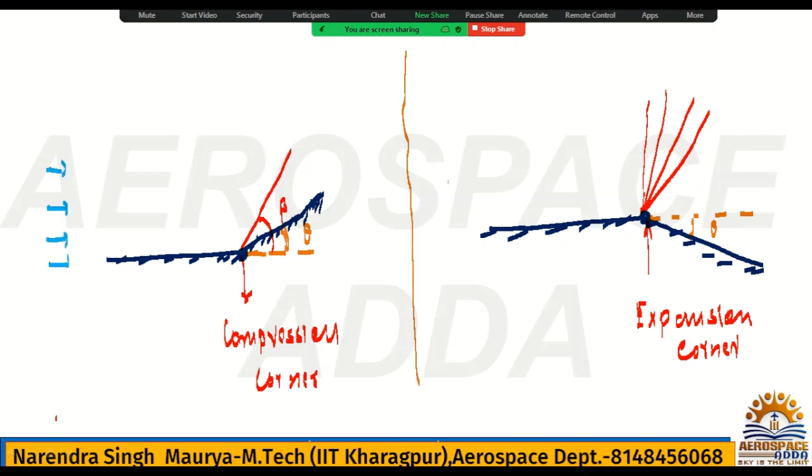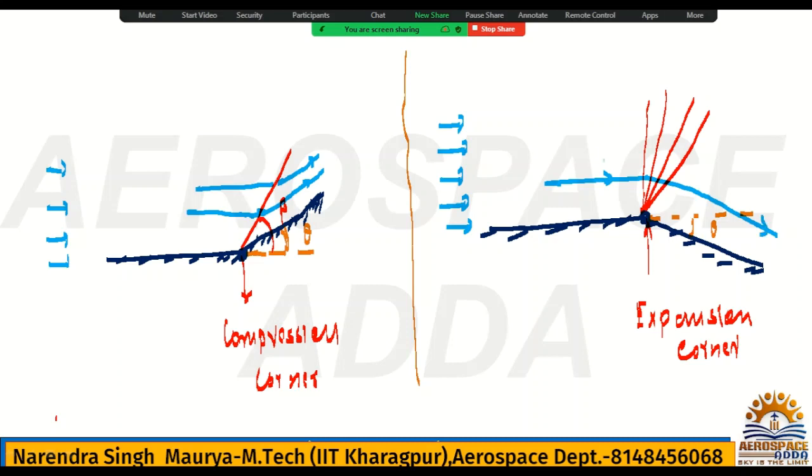Once the flow comes and passes, it will be like this. What about here? The flow will come and then it will go, because it's an expansion, so it will go like this. Again, it will be parallel to the plane like this.